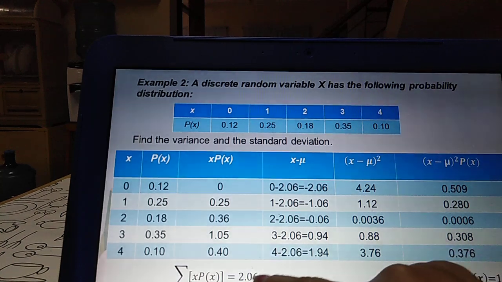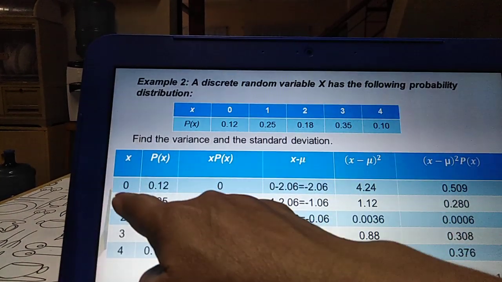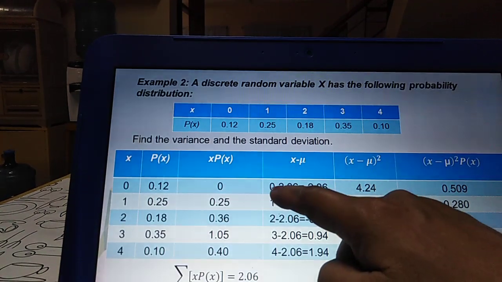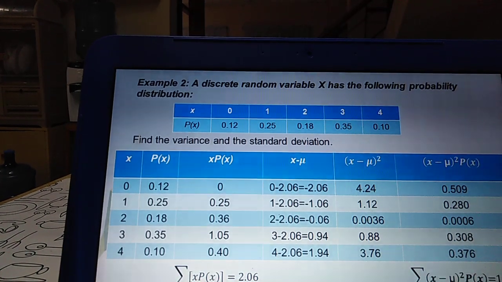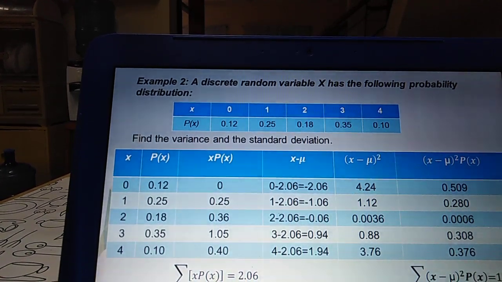So from the random variable 0, we subtract 2.06. 2.06 is again our expected value or our mean.